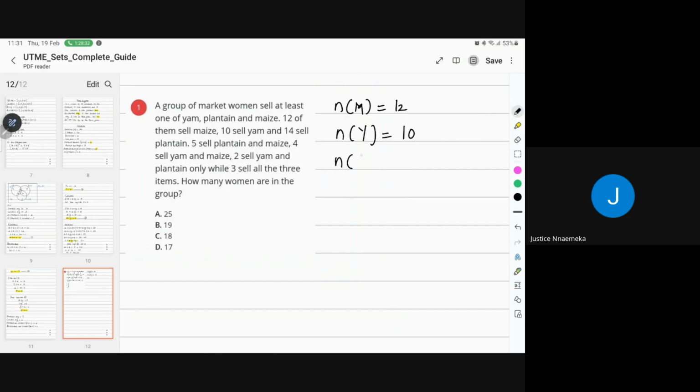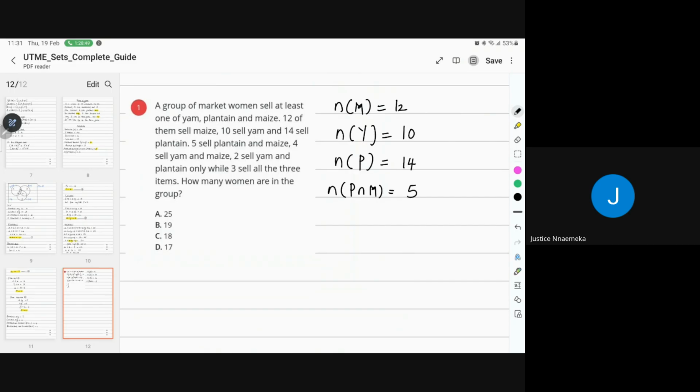The number of persons selling plantain is equal to 14. 5 sell plantain and maize, so the number selling plantain and maize is equal to 5.